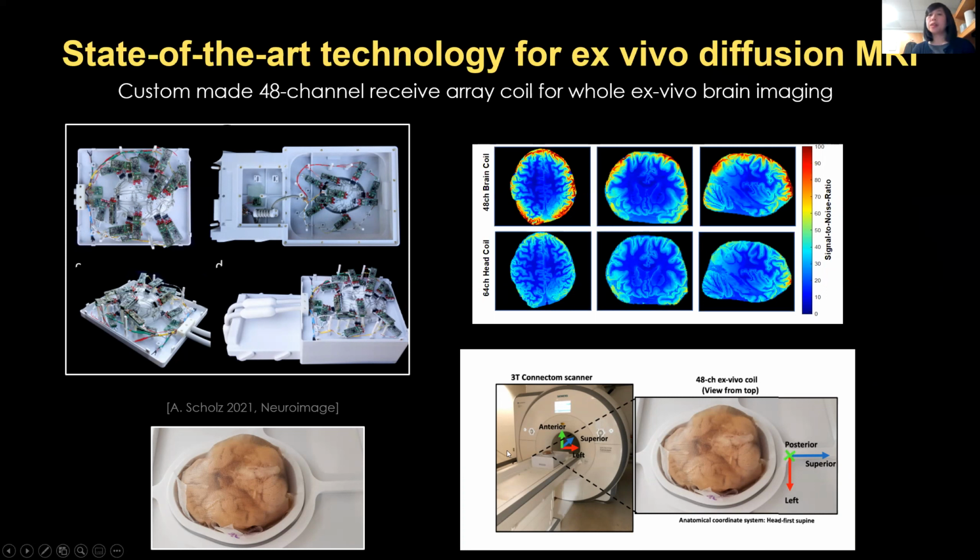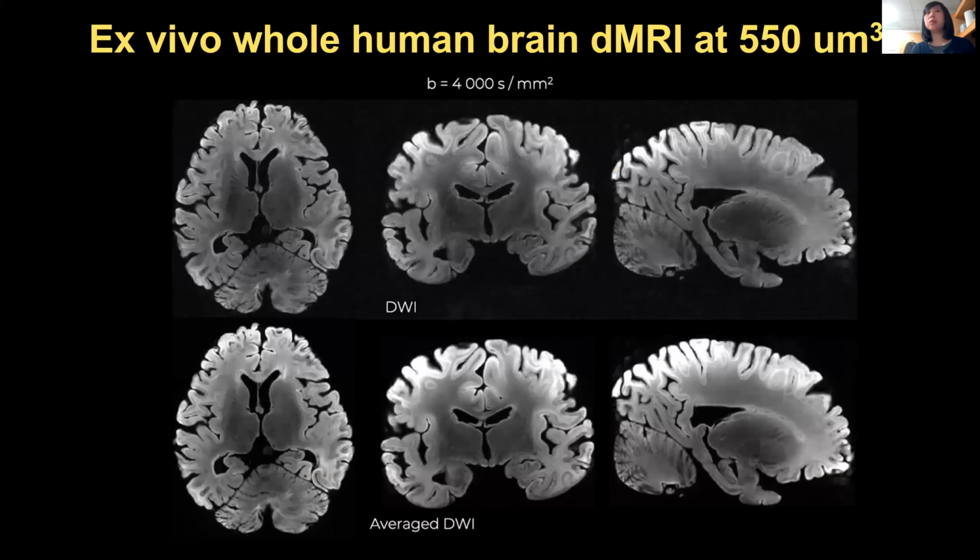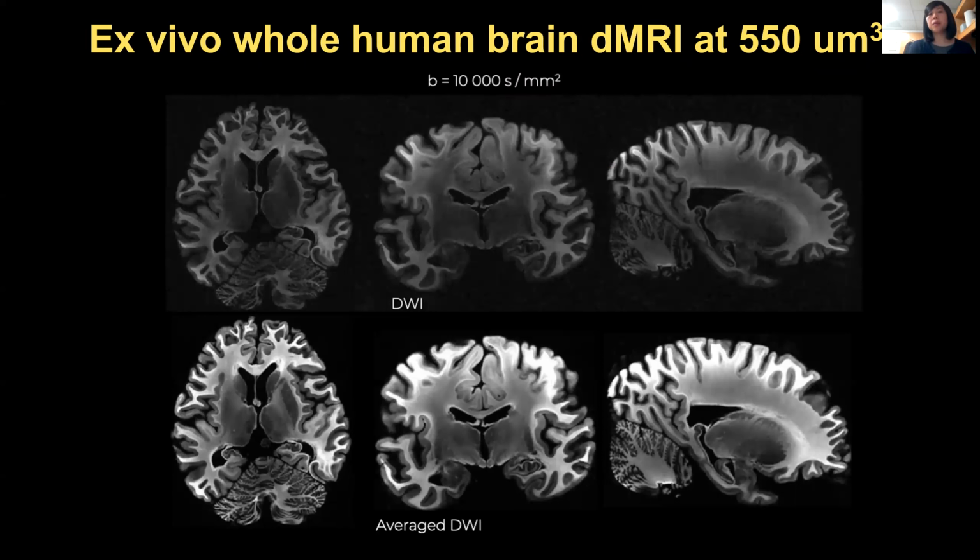And so we're using this in combination with a 3D multi-shot EPI sequence to get ex vivo whole brain diffusion MRI at very high spatial resolution. Here we demonstrated down to 550 microns cubed. This was presented at ISMRM last year by our team. We can get up to b values of 10,000, which is actually not that high for ex vivo diffusion MRI when you factor in the reduced diffusivity of fixed tissues.